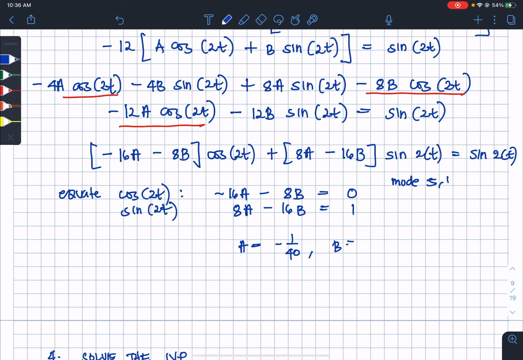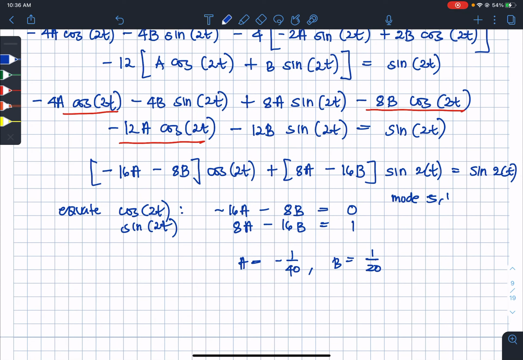Then b is 1 over 20. So a is negative 1 over 40, and then b is 1 over 20.